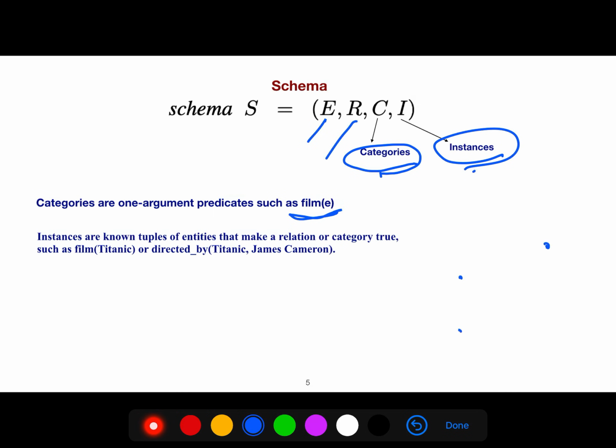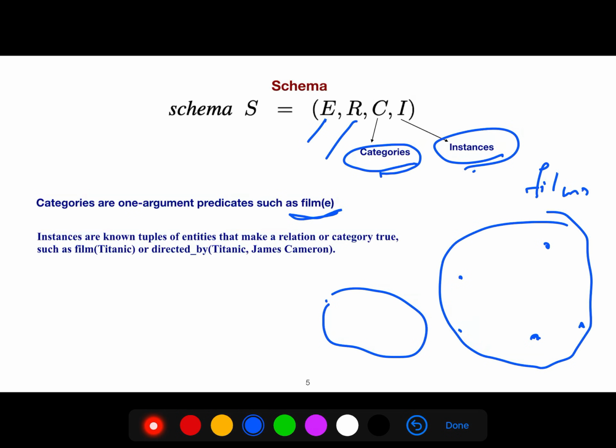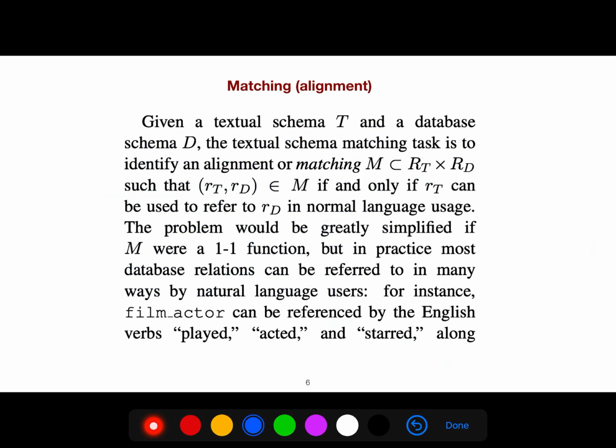For example, the names of many films in your complex knowledge graph, billions of nodes, but you see many of them are in the category of films. So we can reduce this complex graph into some categories. Of course, they could have overlap as well. Something is also a film or is another thing.